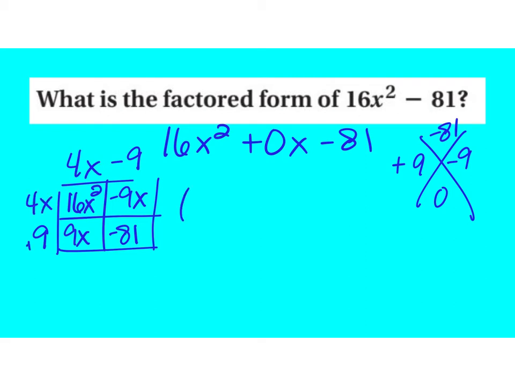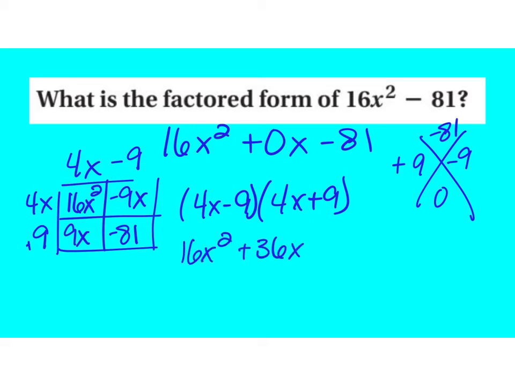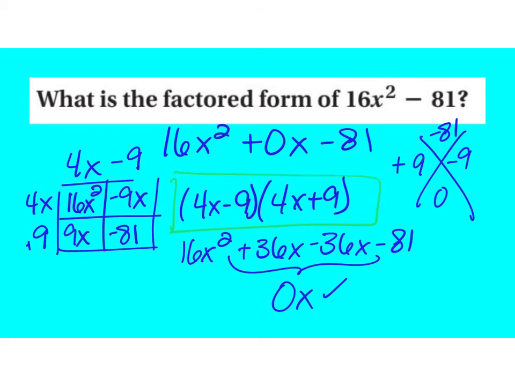Let's see what happens here. 4x minus 9 times 4x plus 9 gives 16x squared plus 36x minus 36x minus 81. Notice I did not focus on the middle piece because it has a value of 0, which is what we need. So here would be our final set of binomials.